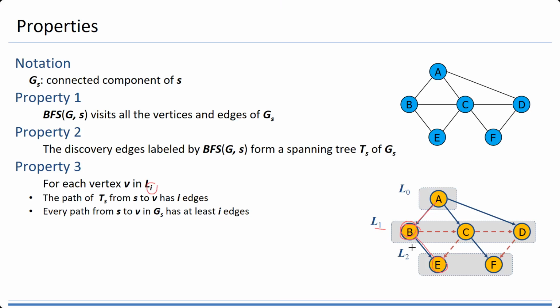Okay. If we have L2, then it means from S to E, we have 2 edges, 1 and 2. L1, from A to A, B, we have 1 edge. So that's the meaning of i in this case.